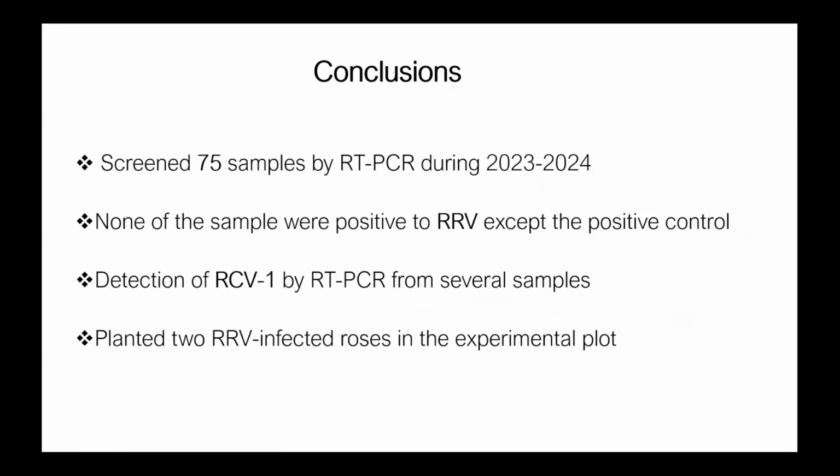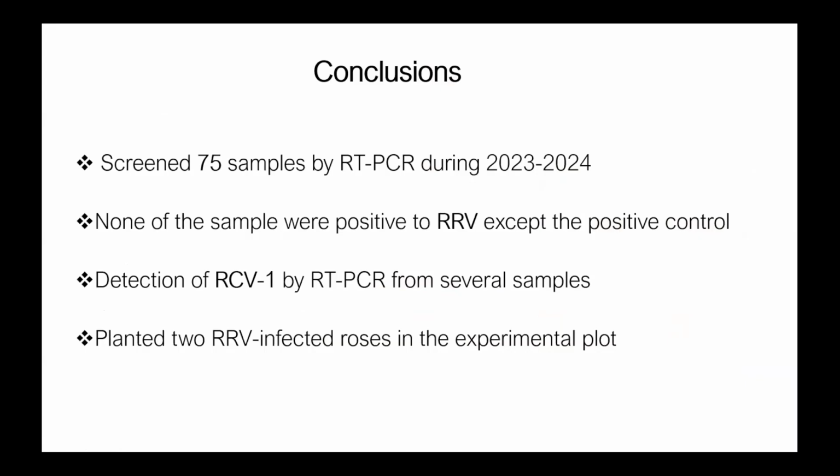Just to conclude, we have screened 75 samples by RT-PCR to confirm if there's rose rosette occurring there or not. We haven't had any positive results for rose rosette by RT-PCR, and based on observations, there's not been any indication of rose rosette based on the symptoms observed.